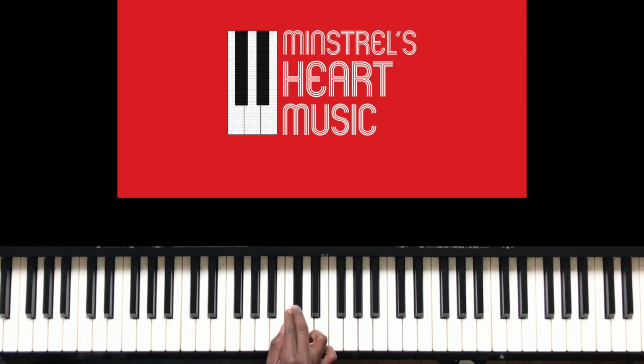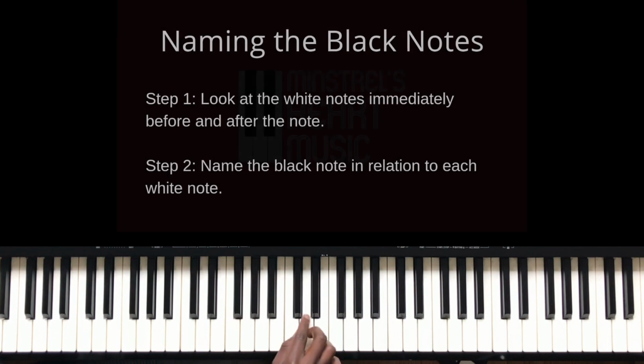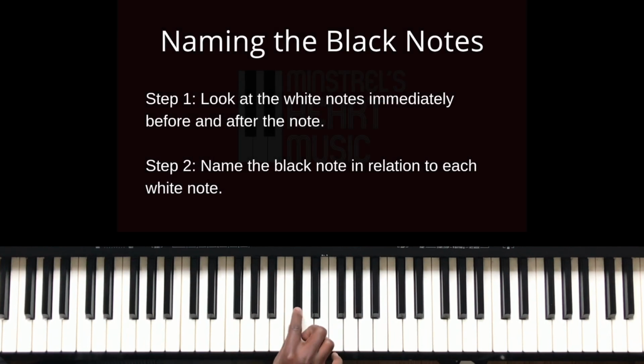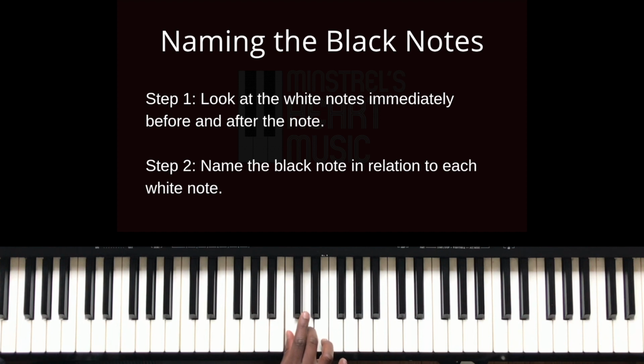So in the case of this note, we have C before it and D after it. I repeat, step 1. When you have a black note, look at the white notes that are right before and after it. So that is C and D.